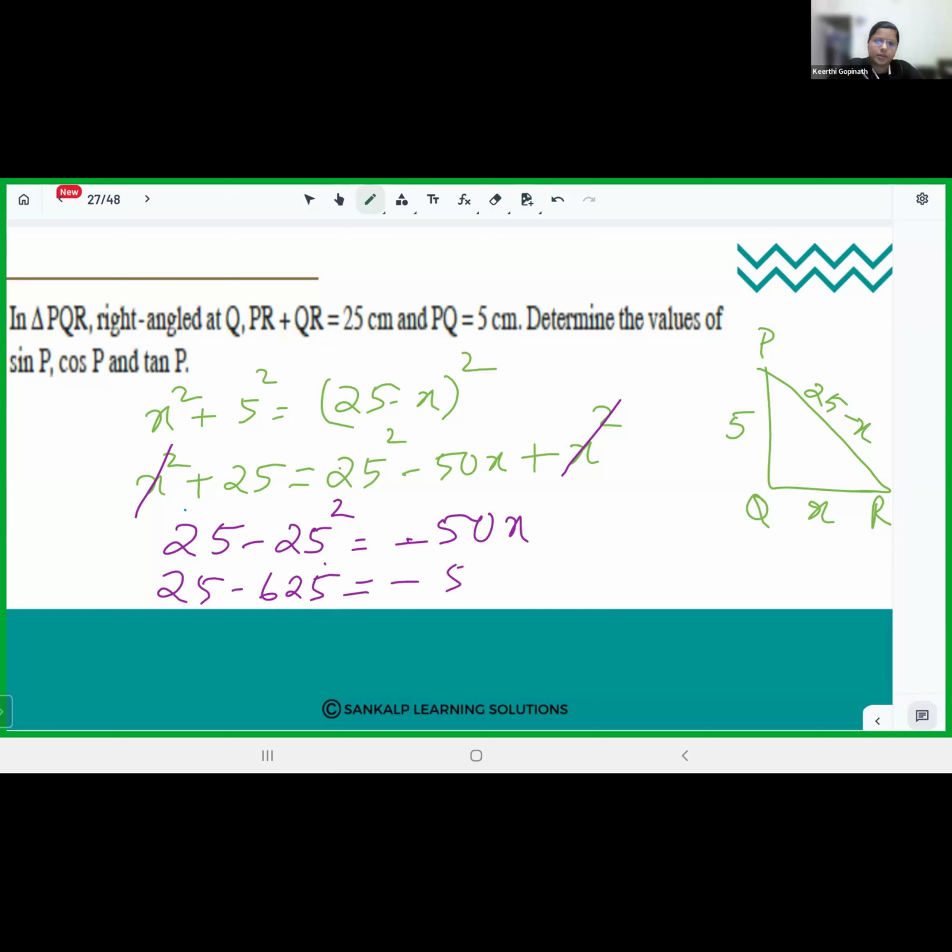So 25 minus 625 is nothing but minus 600, that is equal to minus 50x. So what is the value of x from this? Minus 600 by minus 50, that is equal to 12. So we obtain the value of QR, it is nothing but 12. So what can you say about PR?